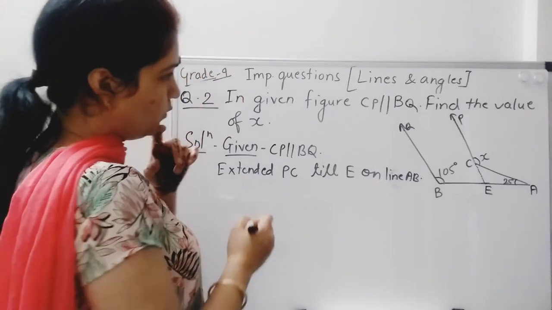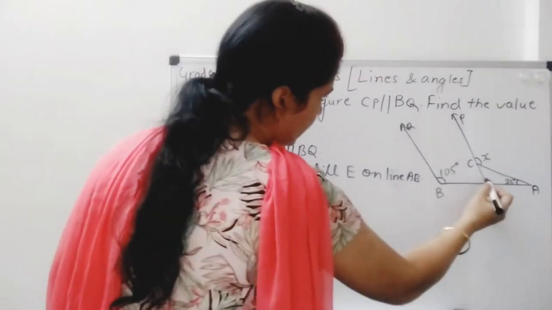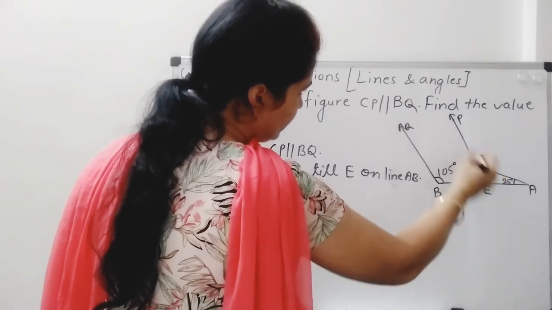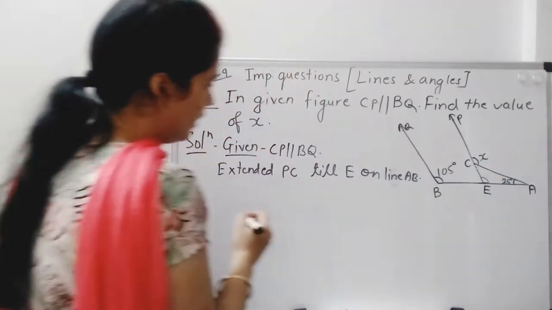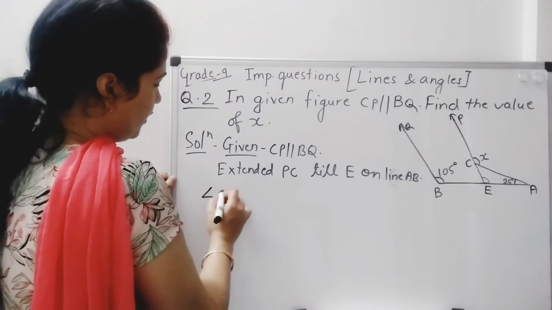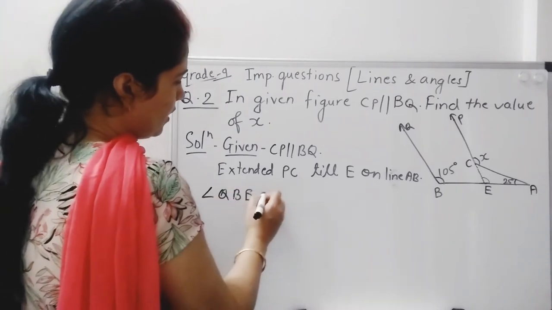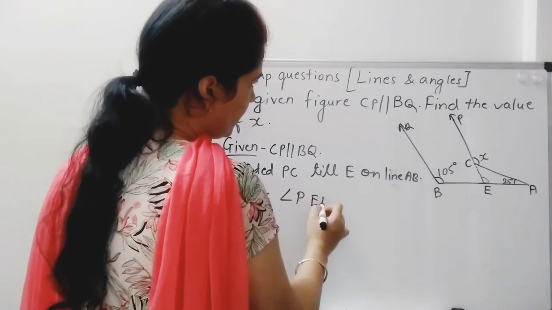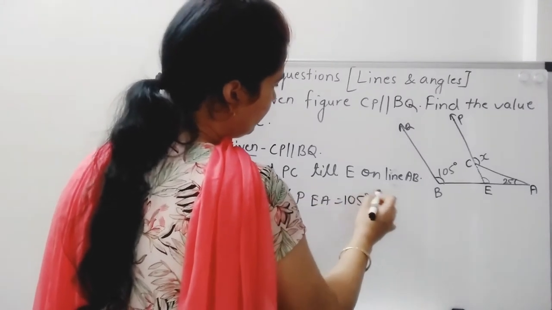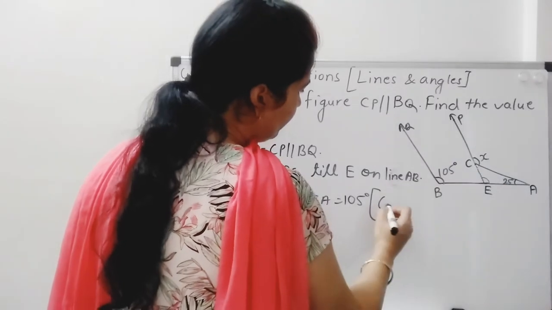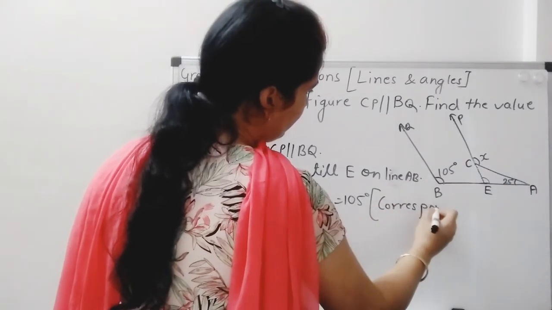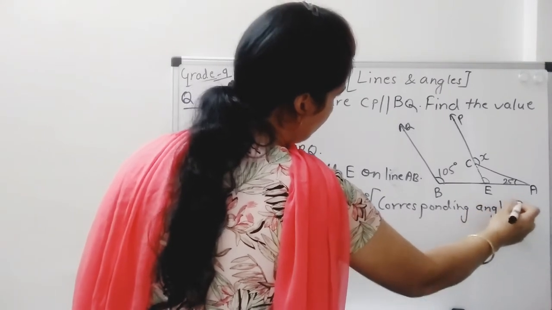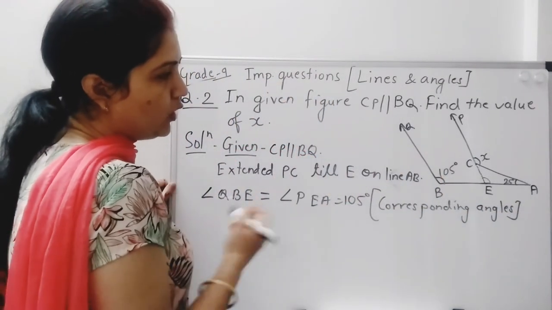Now we can say, as BQ is parallel to PC and PE is also an extension of PC, angle QBE equals angle PEA equals 105. Why? Because they are corresponding angles.